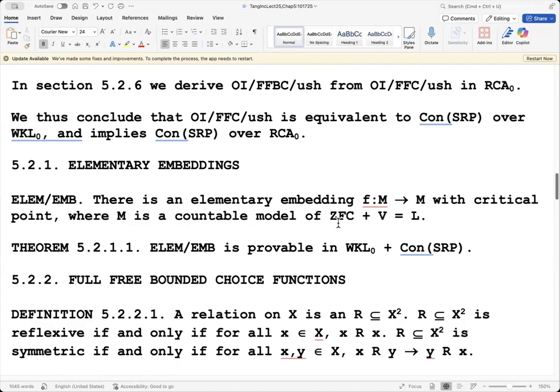Let's not worry about that. I'm going to want to prove it from here, so I'm going to construct it. It'll be a non-omega model. Otherwise, you couldn't possibly prove it from here. And this elementary embedding thing, I give a proof in WKL0 plus Con SRP.